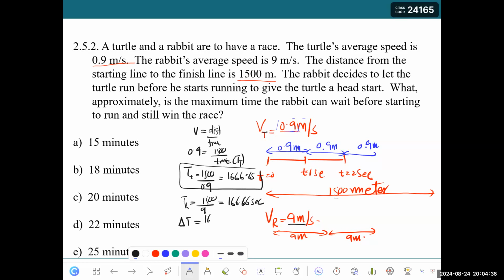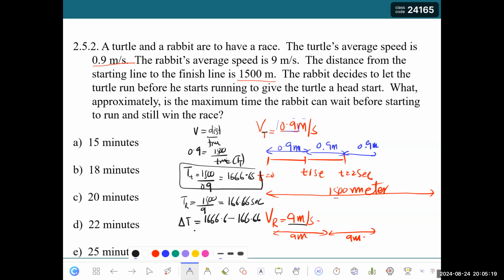So I'm going to say 1666.6 minus 166.6, remember these are seconds.